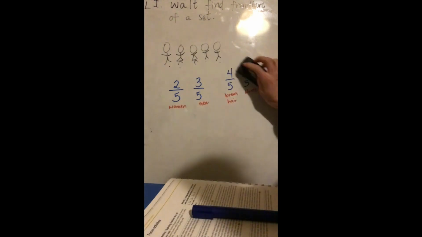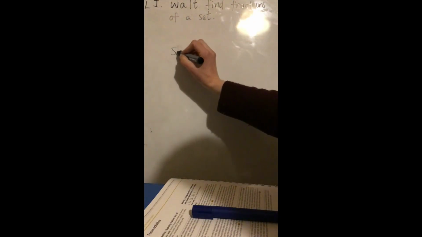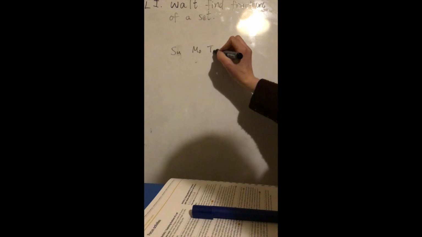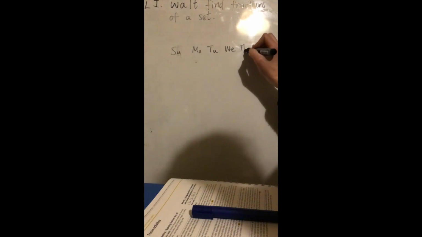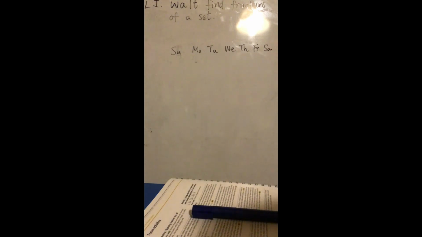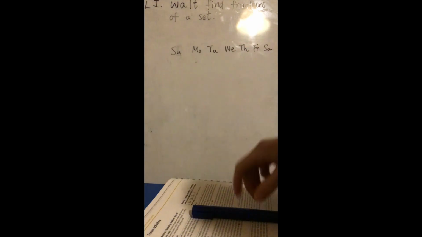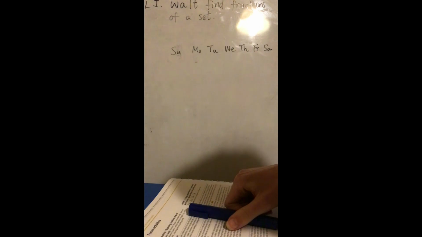A set could also be the days of the week. So there are 7 days of the week. That's Sunday, Monday, Tuesday, Wednesday, Thursday, Friday, Saturday. So if I want to talk about the days of the week where I go for a run, for example.